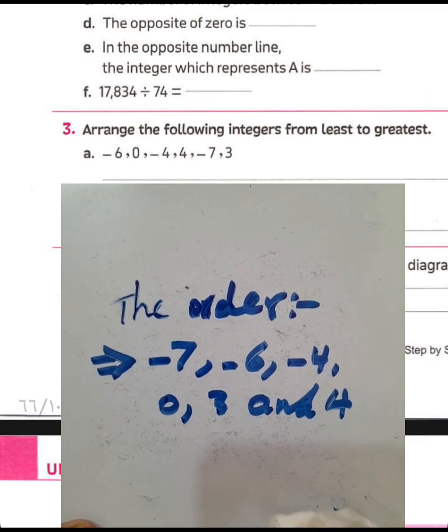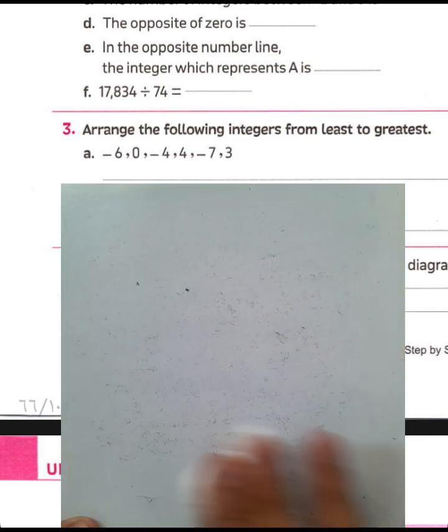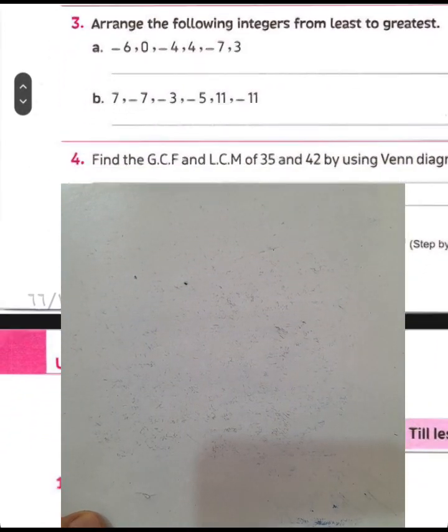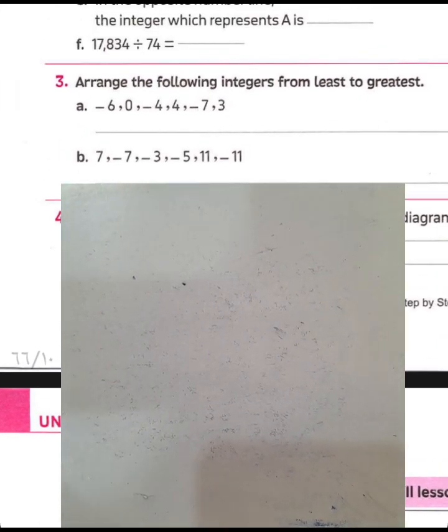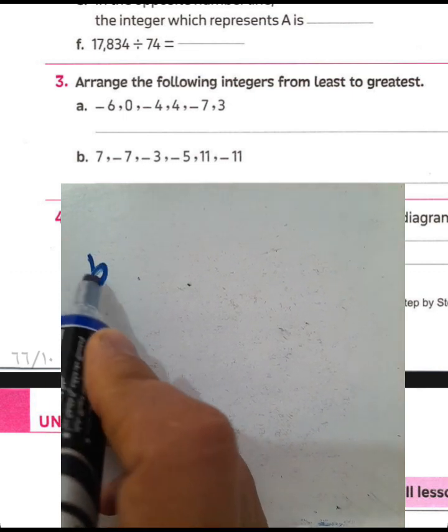Understood? Okay, question letter B. Here you want to find the order from least to greatest, ascending order. We have 7, negative 7, negative 3, negative 5, 11, negative 11. Okay, letter B, I will solve it here on the left hand side.